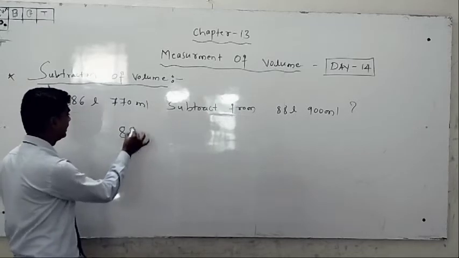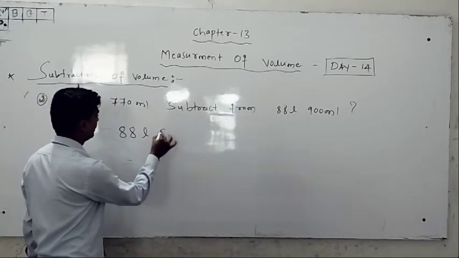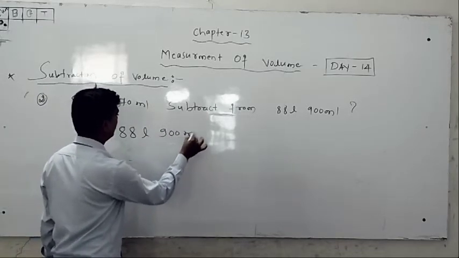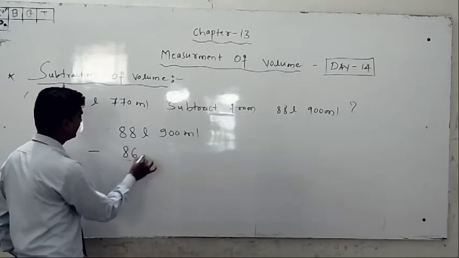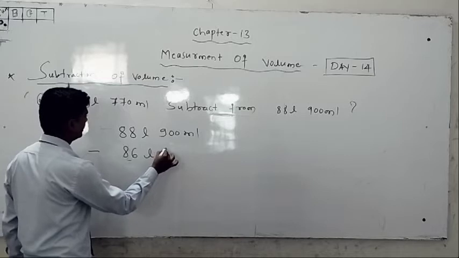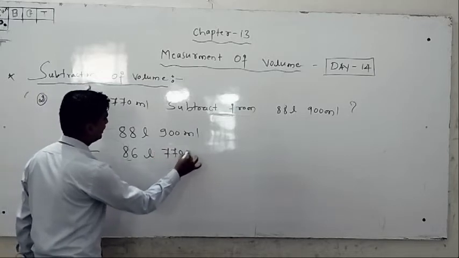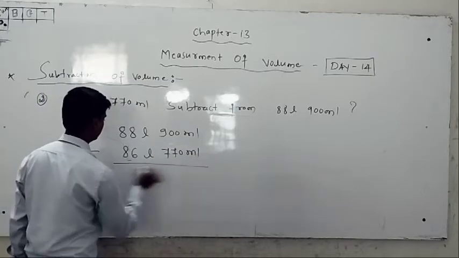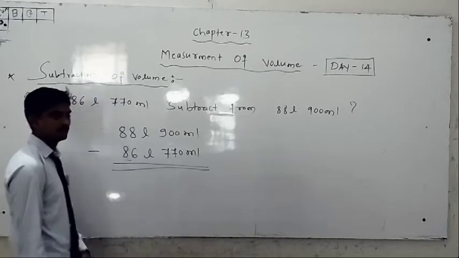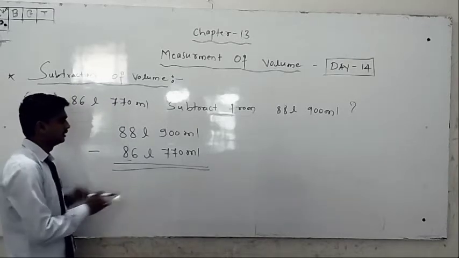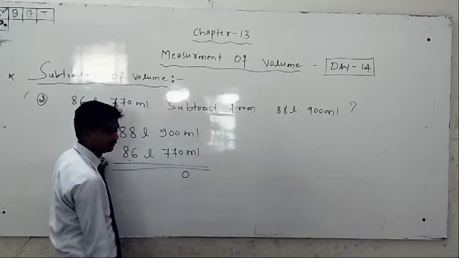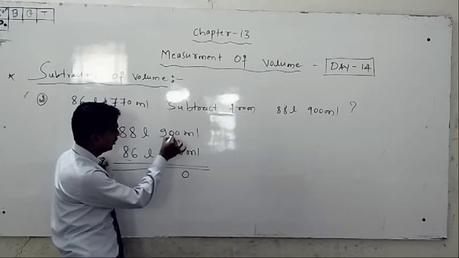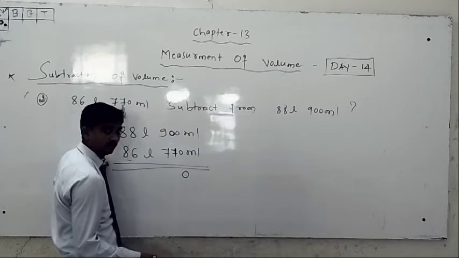Then 88 liter 900 ml minus 86 liter 770 ml. Okay, then you have to subtract here. 0 minus 0 is also 0.